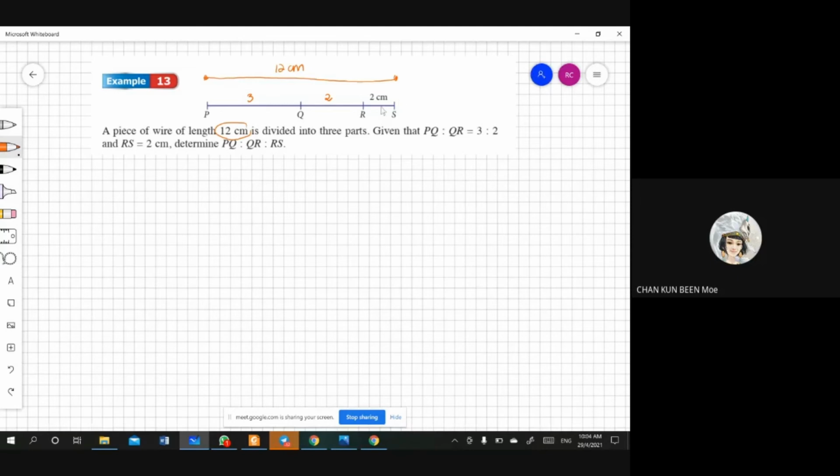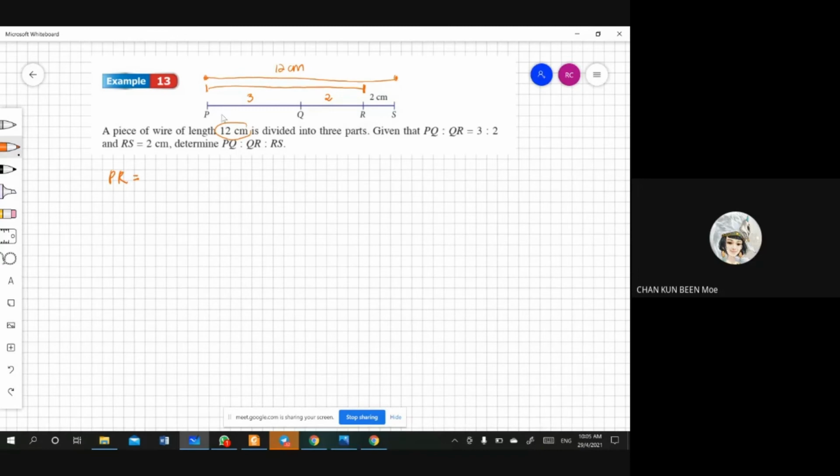It's very simple. Since you already given the RS over here, then we need to find out the length of P to R. Can somebody tell me how to get PR? How to get PR, class? It's not 3 plus 2 yet. We are going to find out the length of PR first, from P to R. You're given 2 already, and then you're given the length of the wire is actually 12.